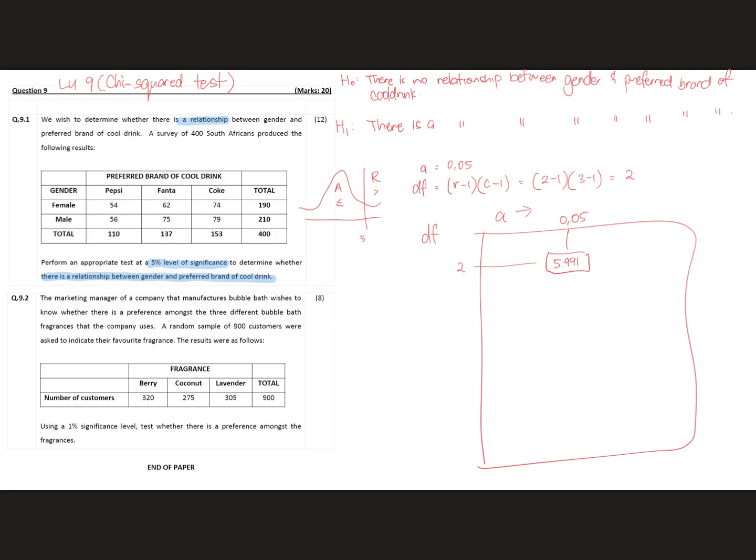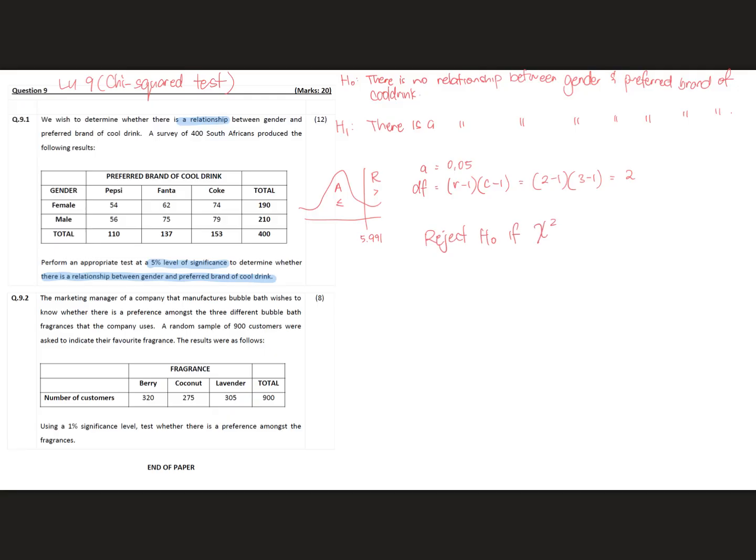So this is 5.991. And all you need to do now is write out this critical limit. So, write out the rejection region in words. So basically here, all you're doing is saying that you will reject the null hypothesis if the chi-squared statistic is greater than 5.991.